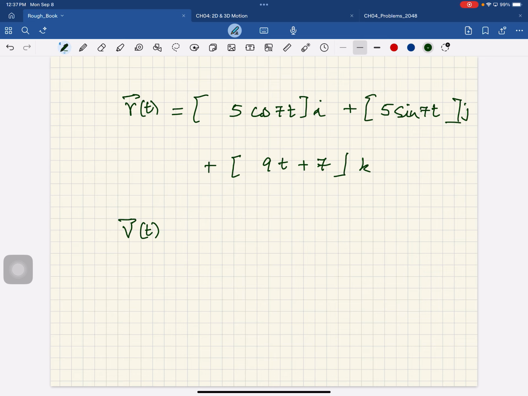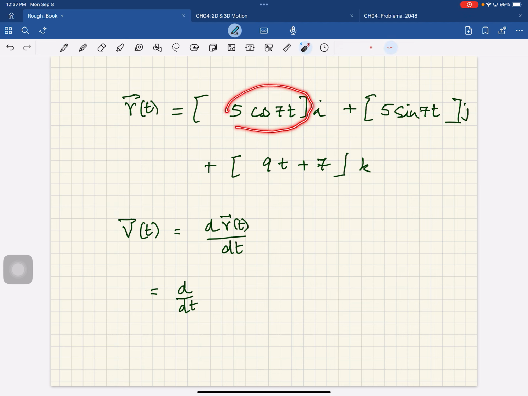So what we are interested in is v(t), which is the time derivative of the position with respect to time. So this would be d by dt of this, where this is x(t) and this is y(t).